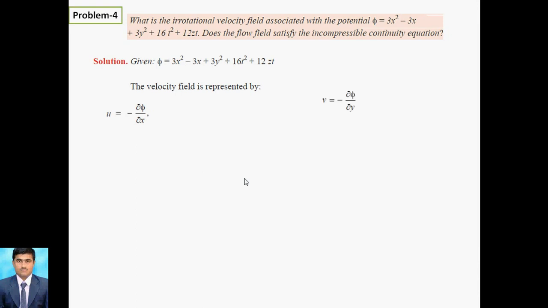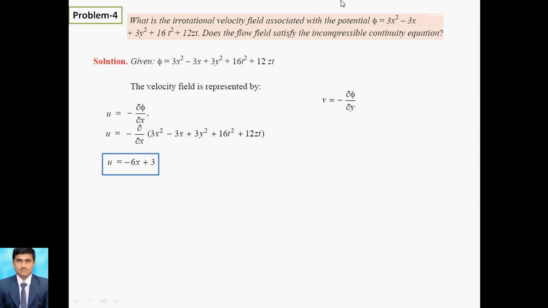So I take minus ∂φ/∂x directly, and v is also minus ∂φ/∂y, so I can put this value over there. If you take it with respect to x, what will happen? The 3x² gives 6x, minus, and since x is present, minus minus becomes plus 3. Here x is absent, here x is absent, so u is equal to minus 6x plus 3.